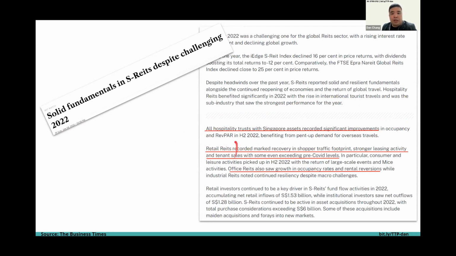Okay, and retail REITs have also recorded marked recovery in footfall, and some even exceeding the pre-COVID level. Okay, and for office REITs, we have also seen growth in occupancy rate and rental reversion. Okay, that is why I'll be looking at REITs in these subsectors, I would say.